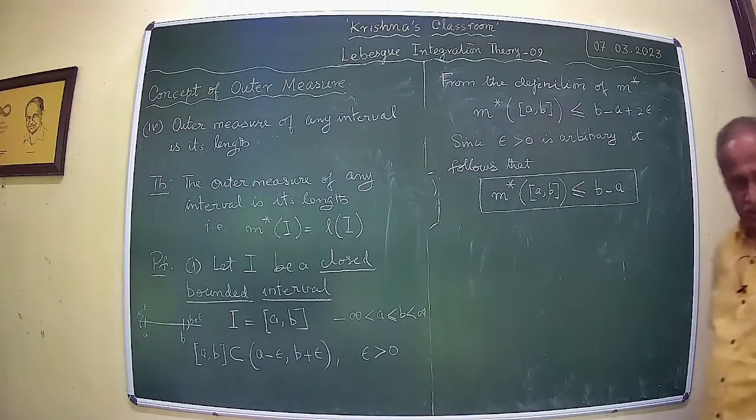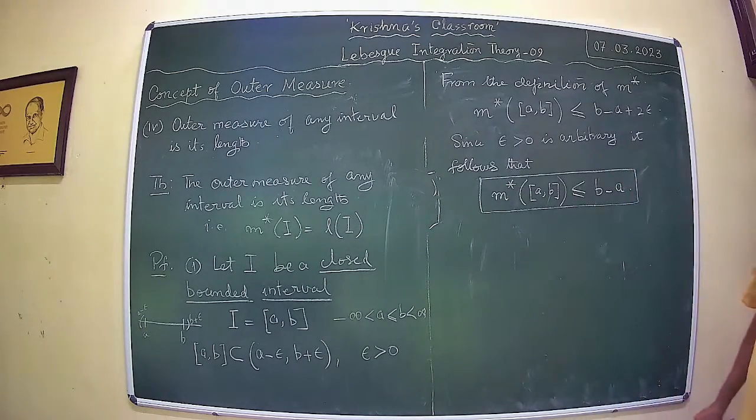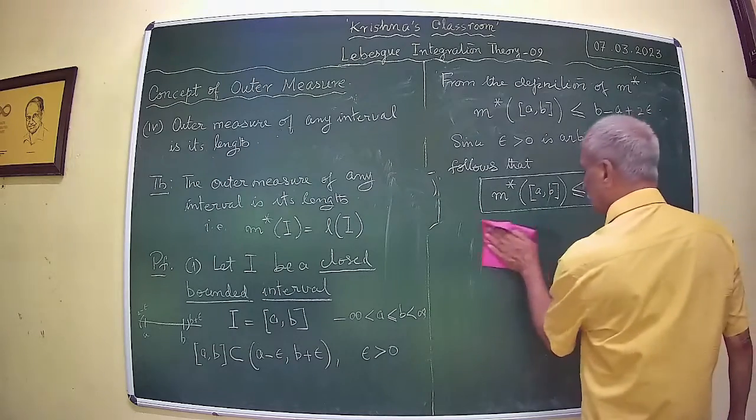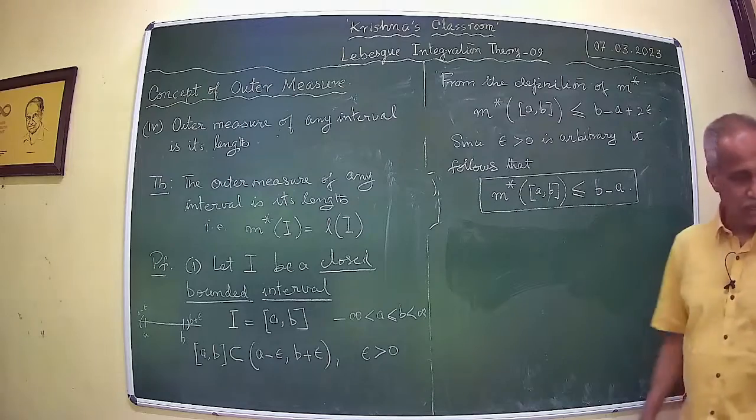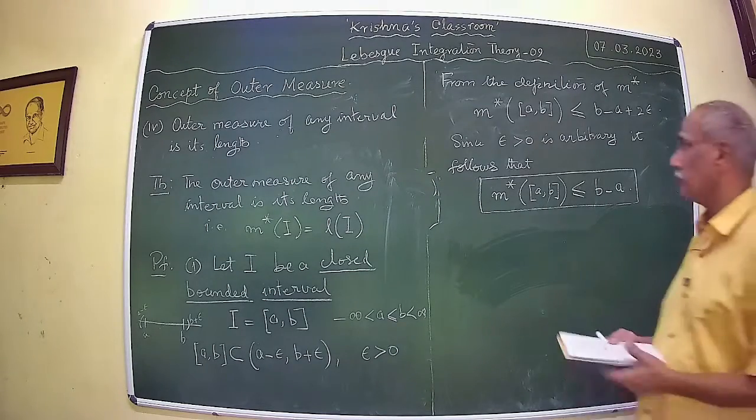Therefore, what is required? I mean, straightforward: you have to show the reverse inequality, that m star of [a, b] is greater than or equal to b minus a.